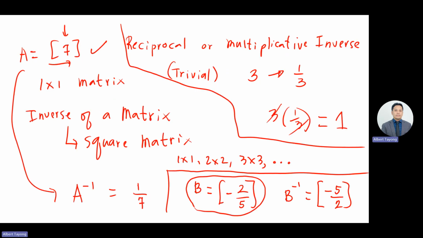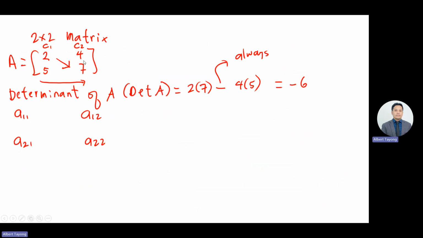Our row 1 is 2, 4. So row 1, column 1 is 2. That is A sub 11. And our row 1, column 2: row 1 is 2, 4, and column 2 contains 4 and 7. So our row 1, column 2 is 4.